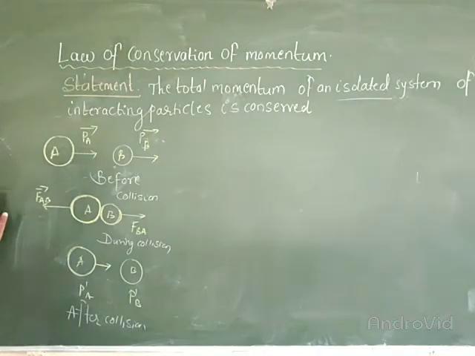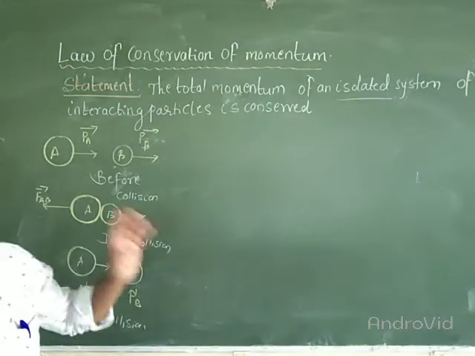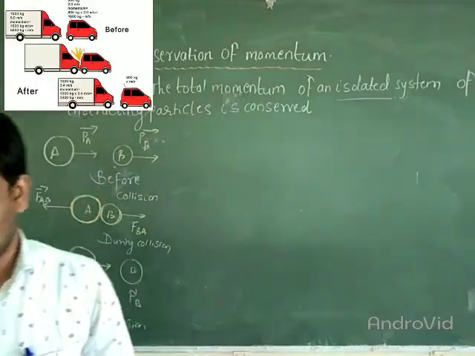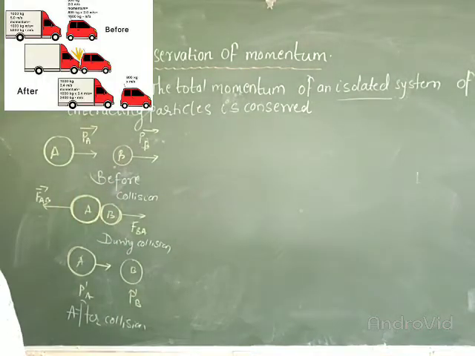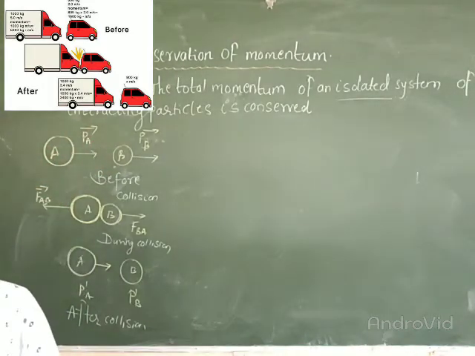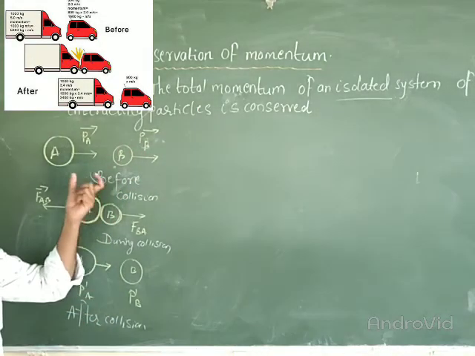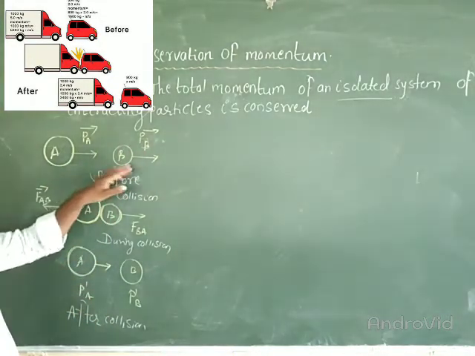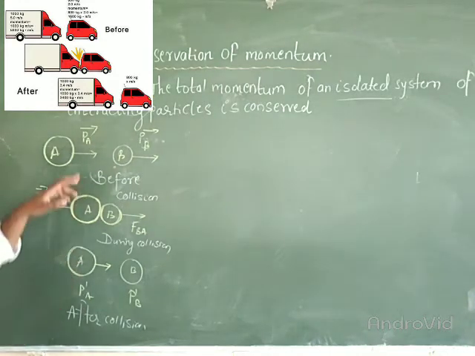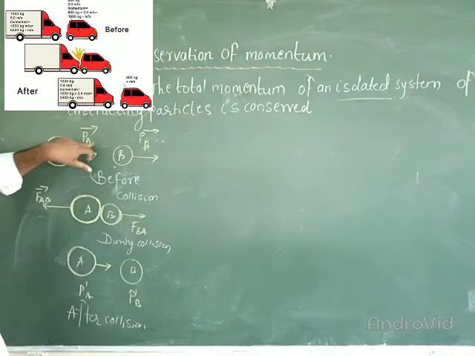Let us illustrate and prove that the total momentum of the system is constant. Let us consider two bodies, body A and body B, moving with initial momenta PA and PB.